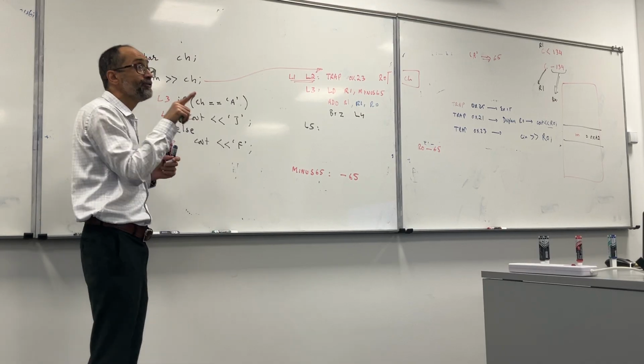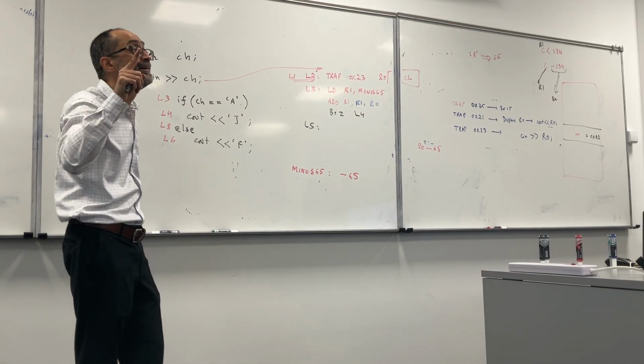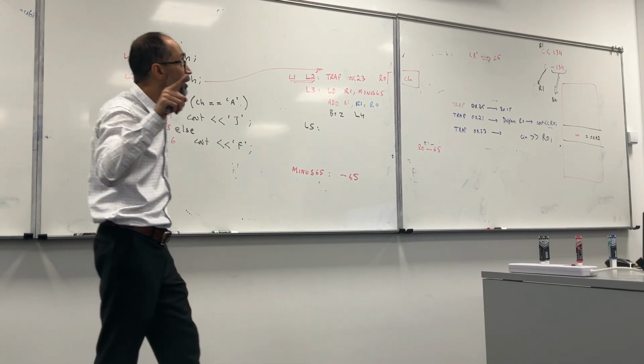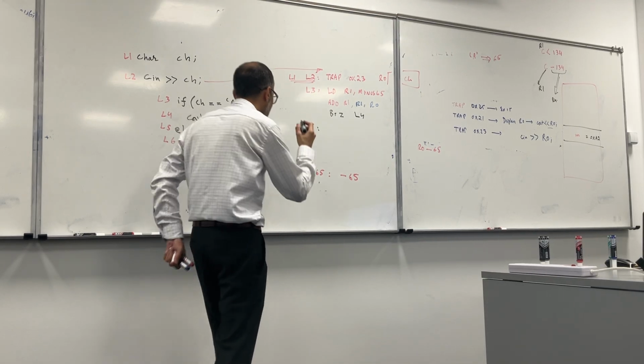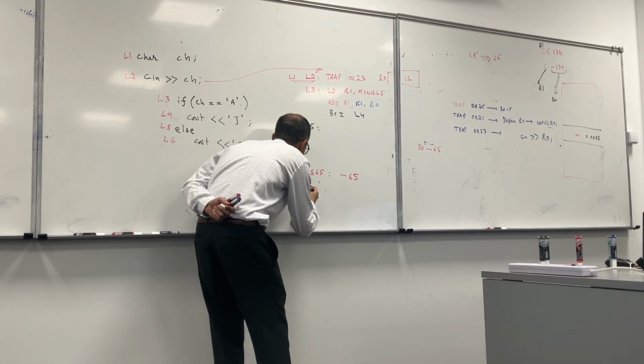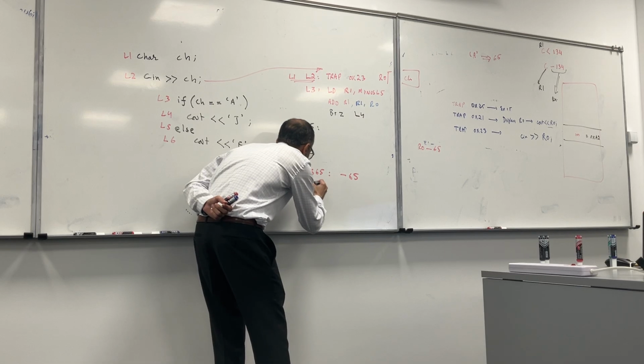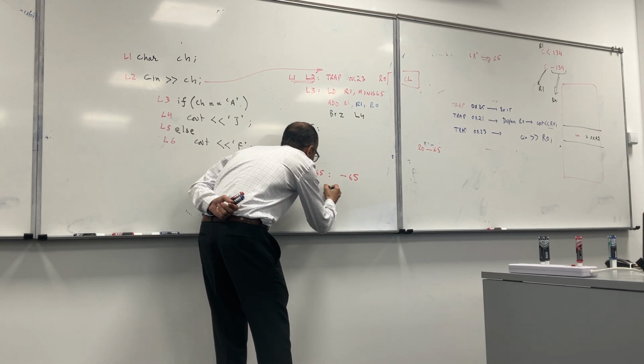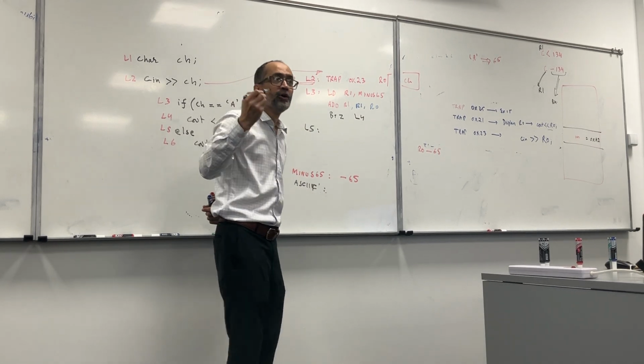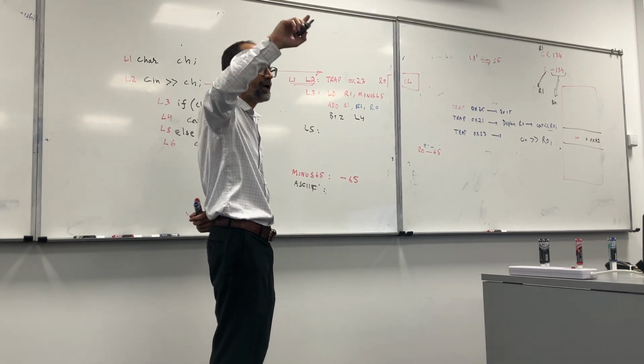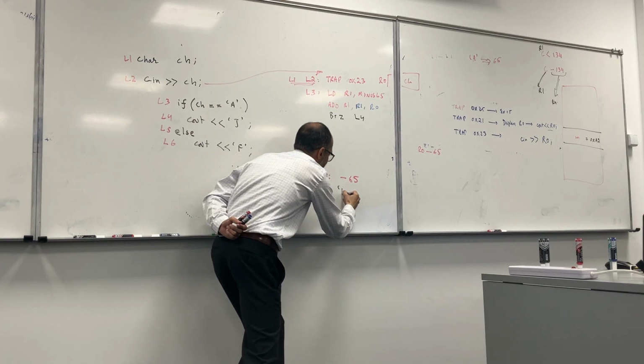But for see out F, we need to move F where? Into R0. So basically, the ASCII value of F, you do not need to do the ASCII value. You can just put it like F here.